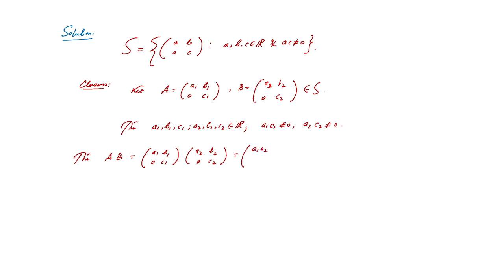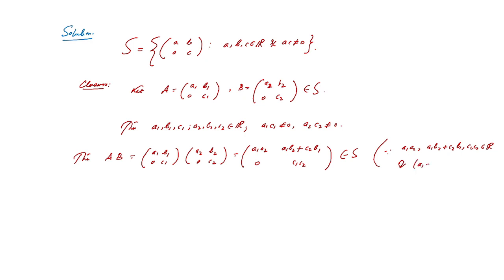It will be A1 A2, A1 B2 plus C2 B1, 0, and C1 C2. And it obviously belongs to S because all of A1, A2, A1 B2 + C2 B1, C1, C2 are real numbers.